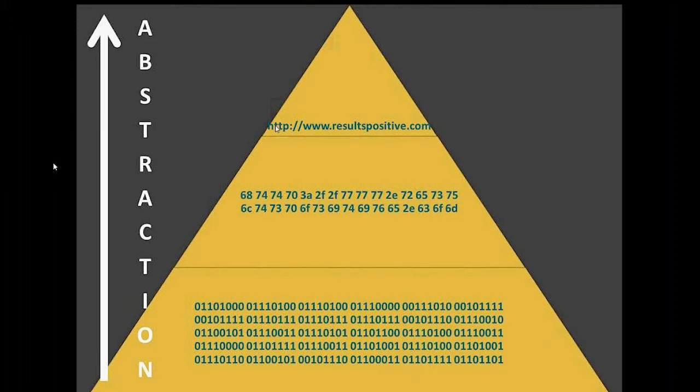We like pictures, we like movies, and eventually all these ones and zeros get translated up the abstraction pyramid here. So if you get nothing else from this content, understand that there is a translation from binary to understandable content, and a certain mapping that occurs between content at a machine level and content at a human level.